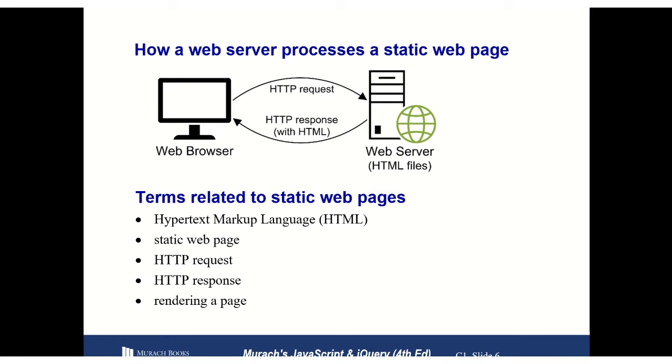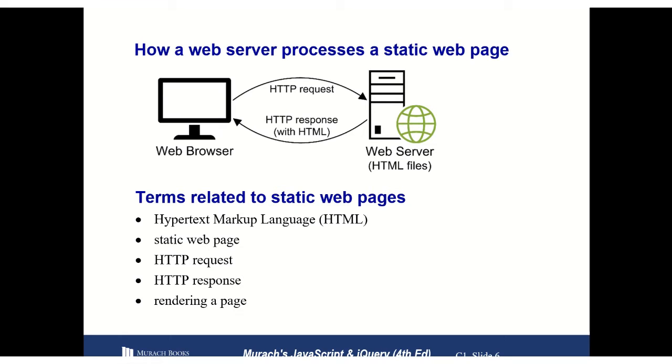So the next point is how you process a static web page. A static web page means static content, simple HTML content. There is no dynamicity there, no change over time, no on-the-fly changes.